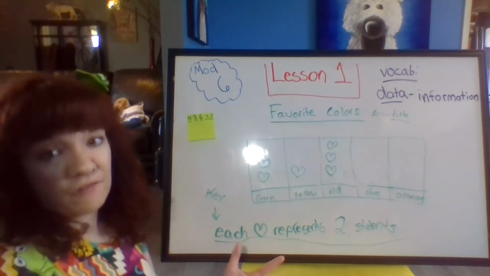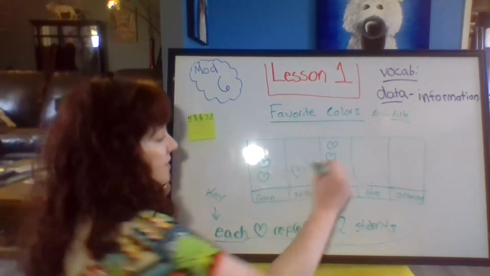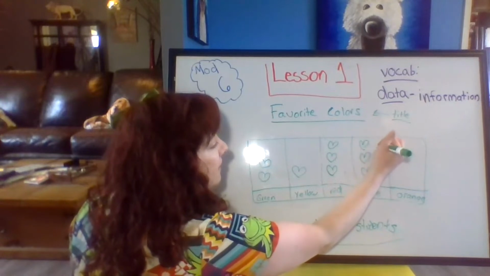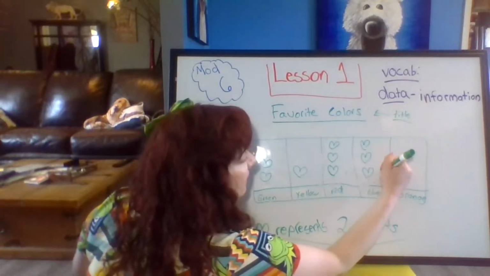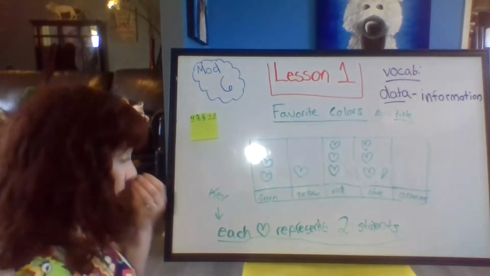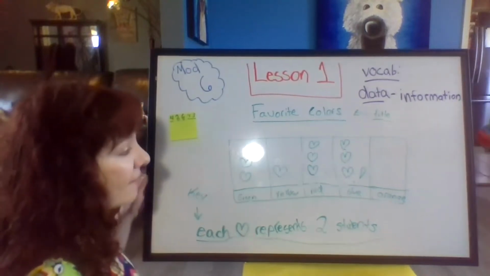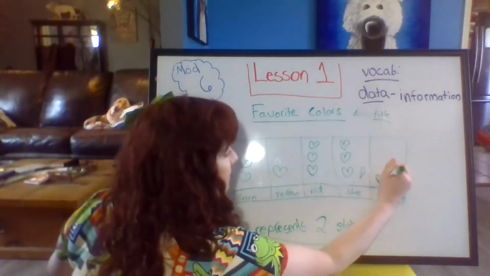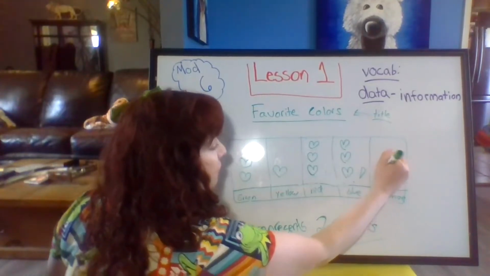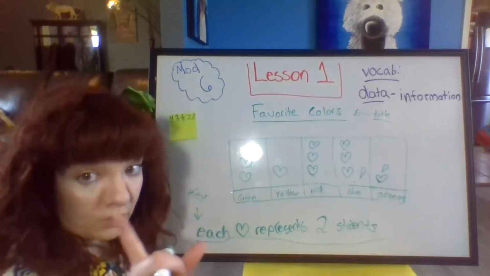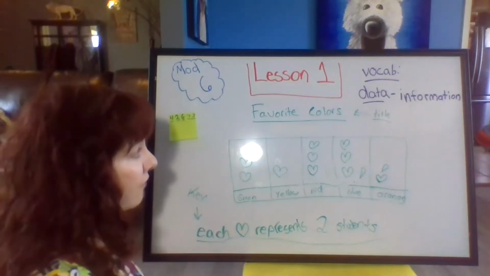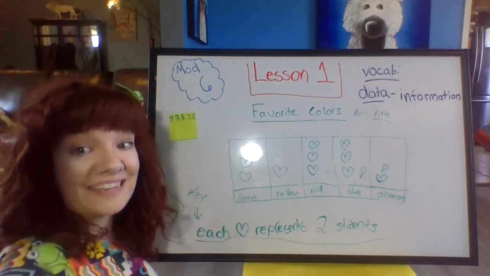Well, I could draw half of a heart, so I know that I would need to draw 3 hearts. 1, 2, 3. And here I'll draw a half of a heart to represent 1/2. And for the last one, there's 3. So I'll draw 1 and a half of a heart. It's not a broken heart, just half of a heart. Okay. So that is how you would graph information in a different way.